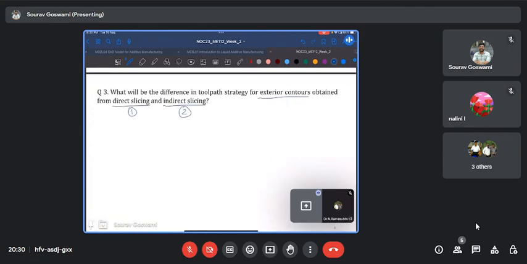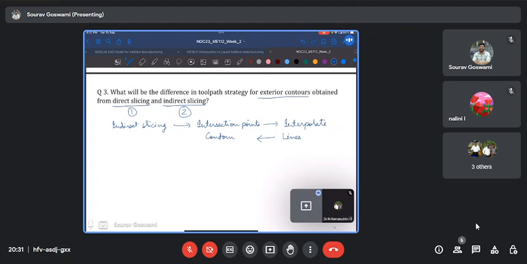So what will change in each case is that in the case of indirect slicing, I can simply find the intersection points and interpolate between them using straight lines to obtain the contour.